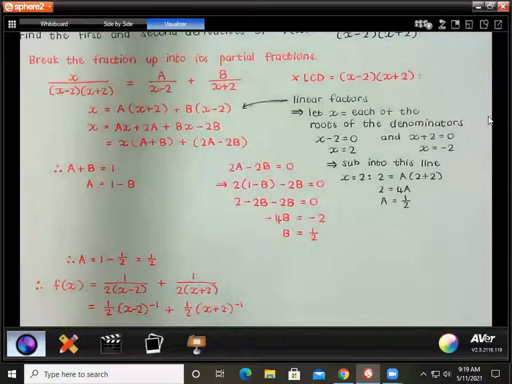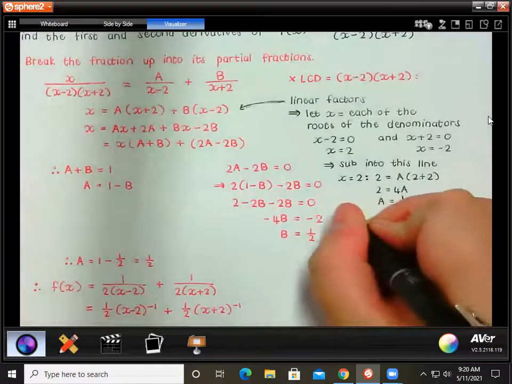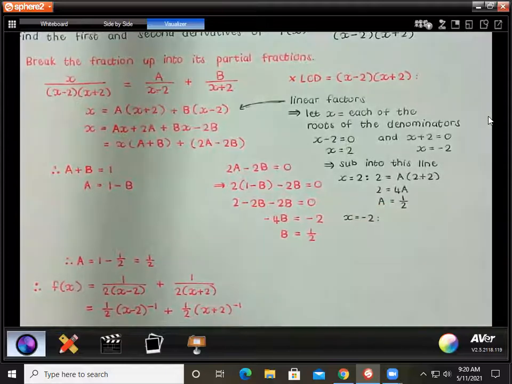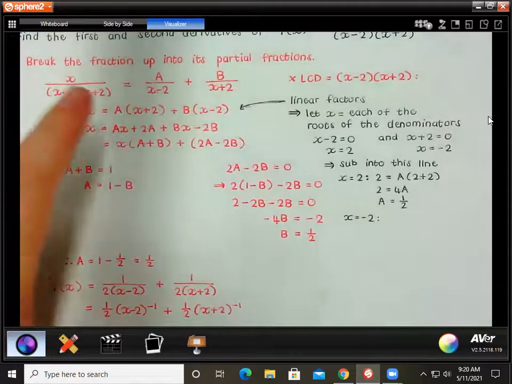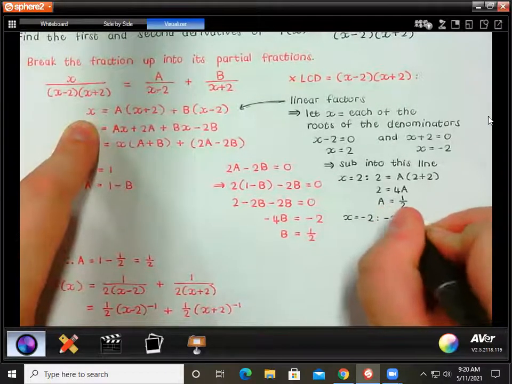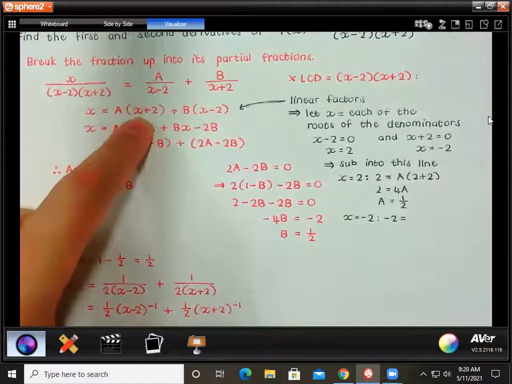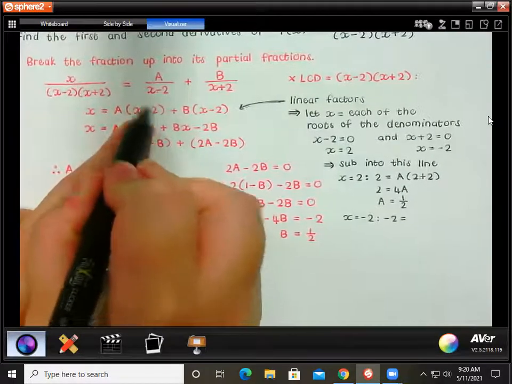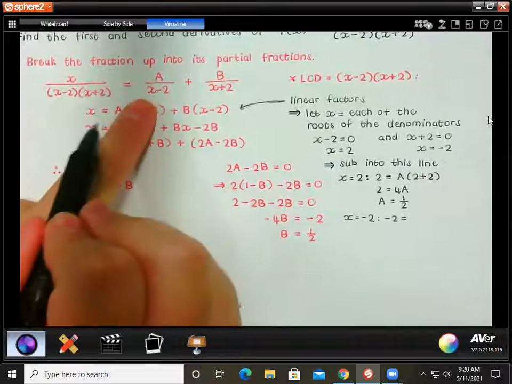Right, I will go through that again because I'm sure I confused you guys a bit. But that is what you get when you sub in x equals 2. You actually get the a value straight away. Then if we sub in x equals -2 into the same line, then we have x is -2, so you say -2 is equal to, and now the a term is going to become 0 because now you have -2 plus 2 is 0, times a is just 0.